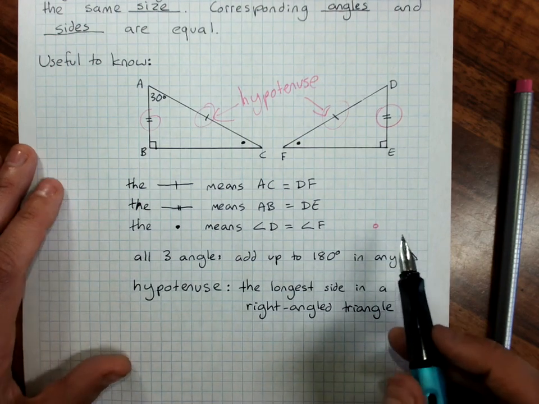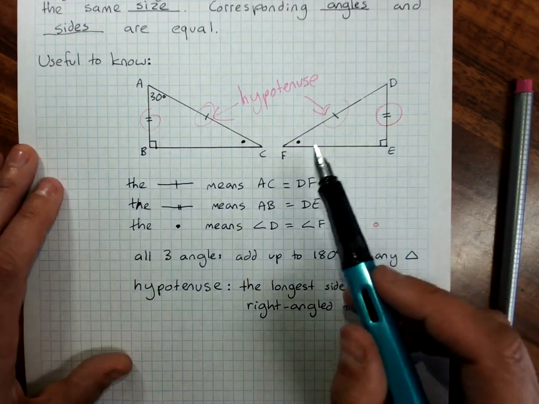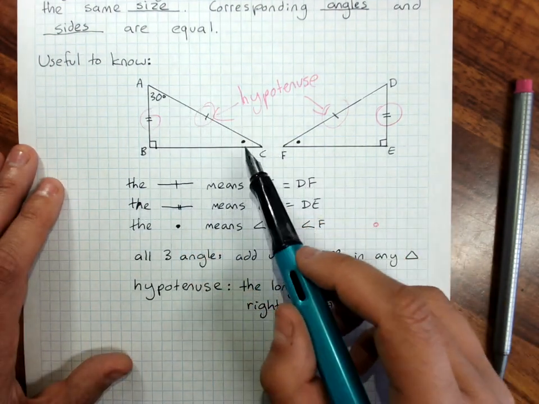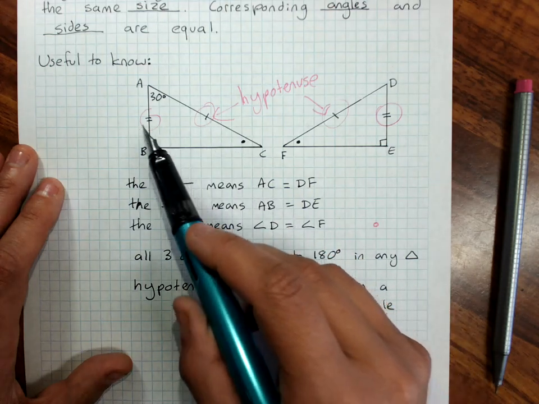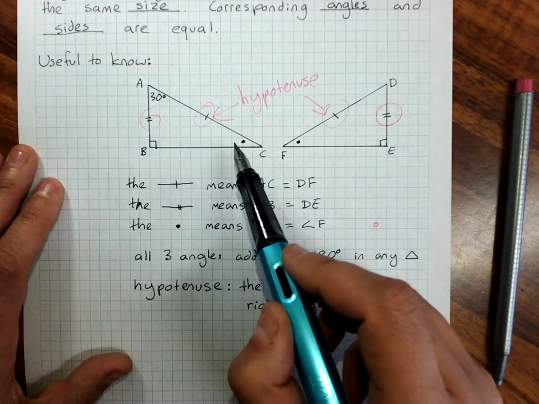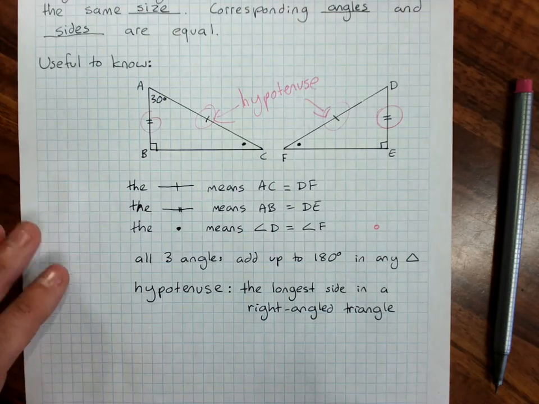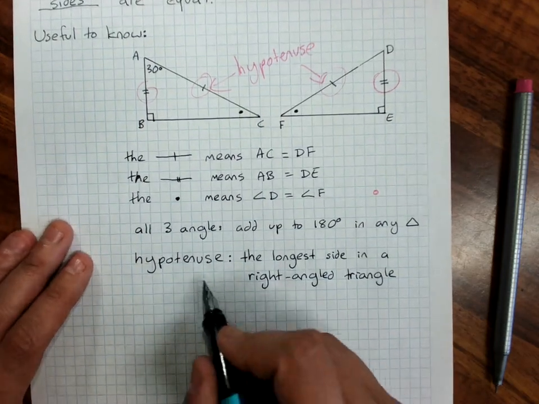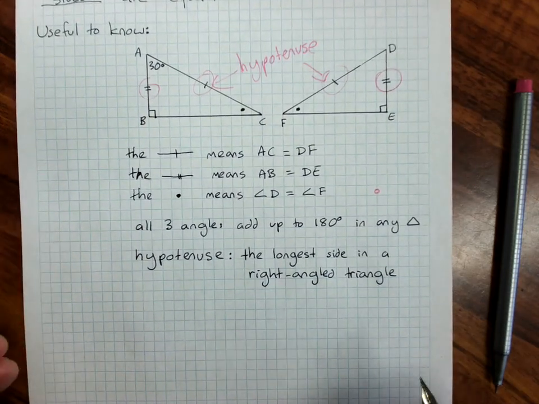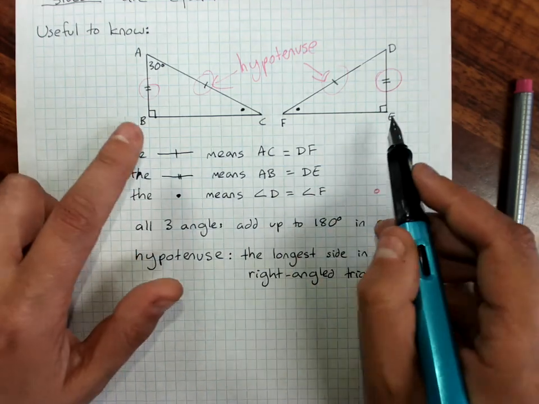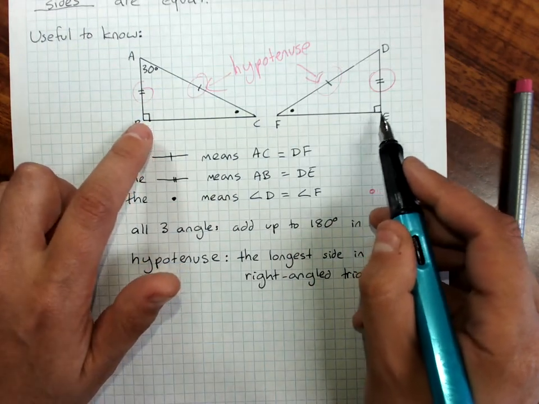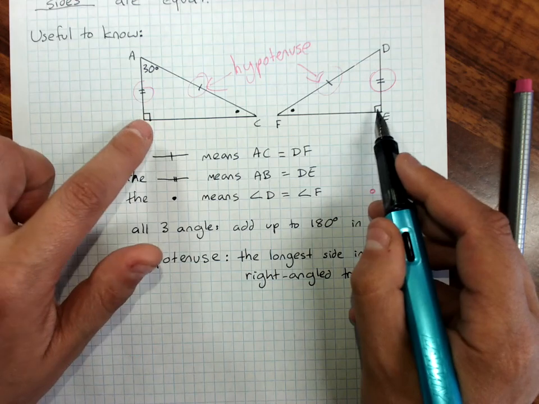And there's a thing about angles and sides. The longest side is always opposite the largest angle, and the shortest side is always opposite the smallest angle. So the hypotenuse, because it's the longest side, has to be opposite the largest angle, and in a right-angled triangle, that's the right angle, the 90 degrees.